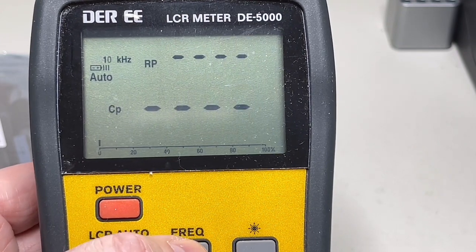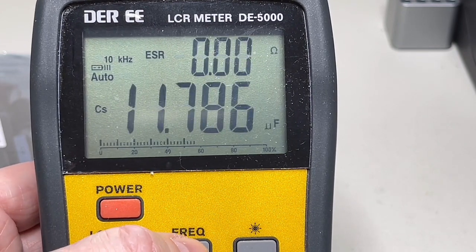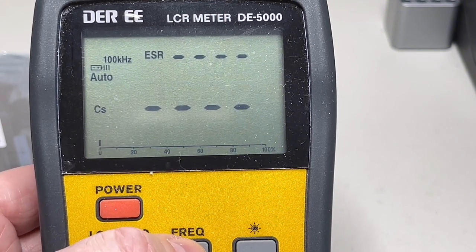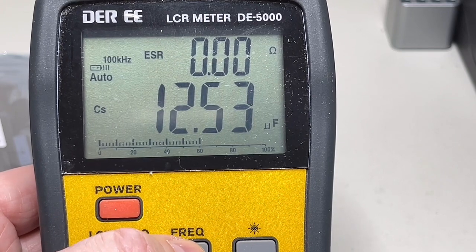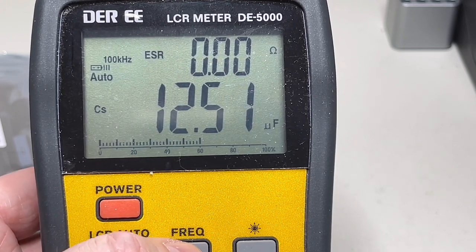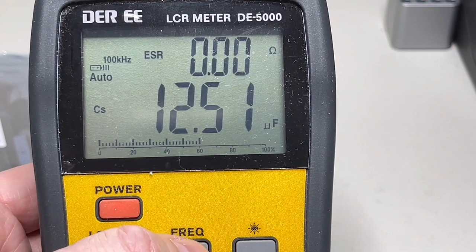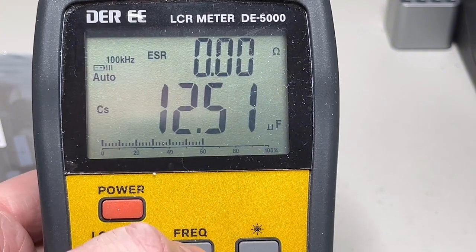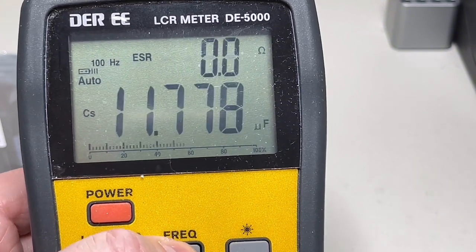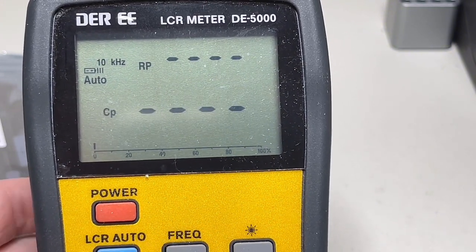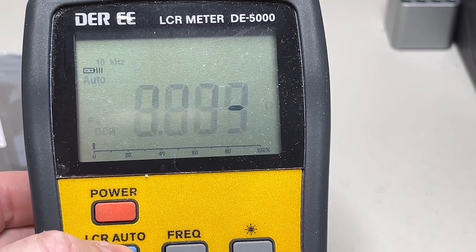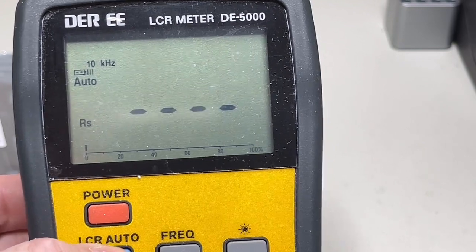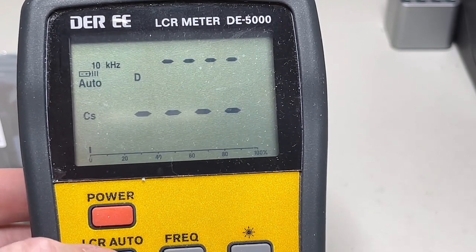Let's go to 10 kilohertz: 11.78 something. And at 100 kilohertz, it's already 12.53. So here you see the influence of frequency on the capacitance, on the ESR, on everything. Let's go back to 10 kilohertz. This is really cumbersome, but okay, I have to press a million buttons for that.